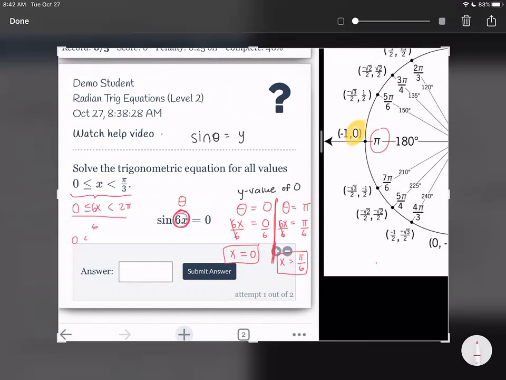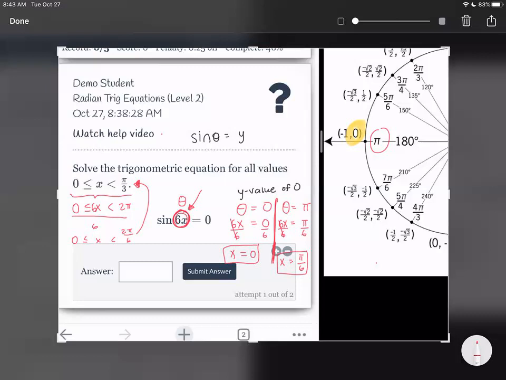It's going to be 0 ranging all the way to 2 pi over 6, which is the same thing as pi over 3. That's why the domain goes from 0 all the way to pi over 3, because they gave us a 6x instead of an x. I don't know why I keep saying pi. I am sorry.